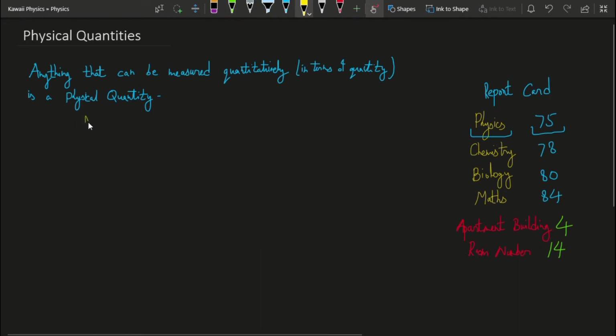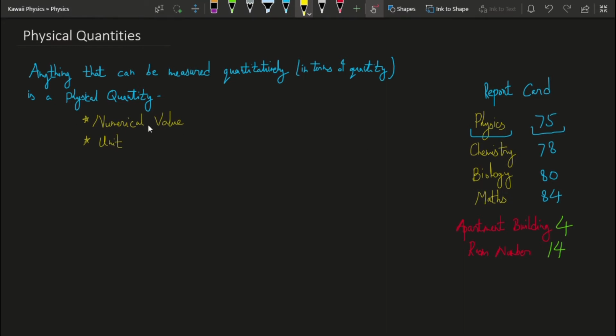You have, obviously, the numerical value, and then you have the unit. Numerical value means any number, like we have here 75, 78, 80, 84.